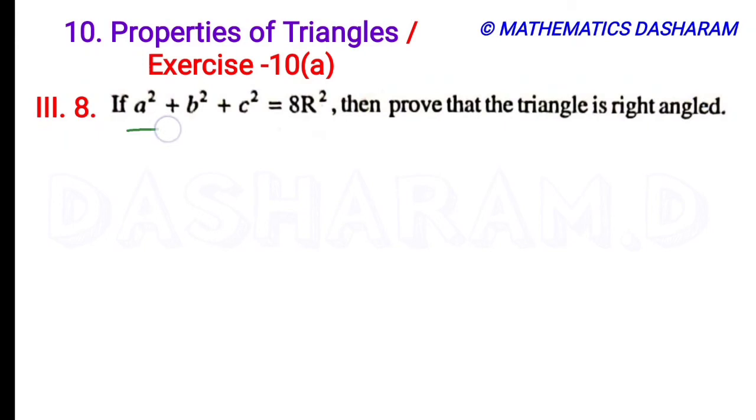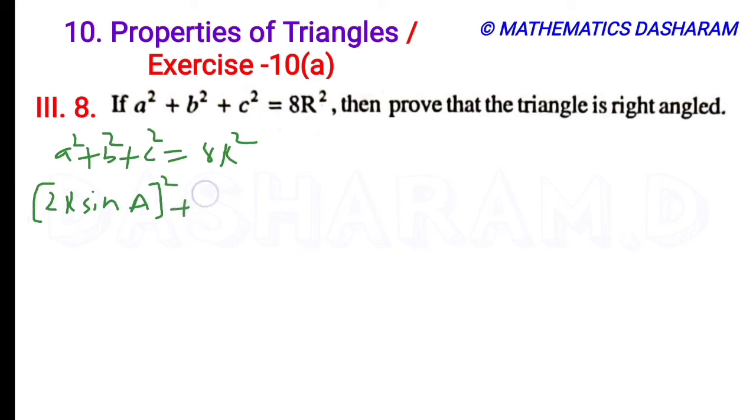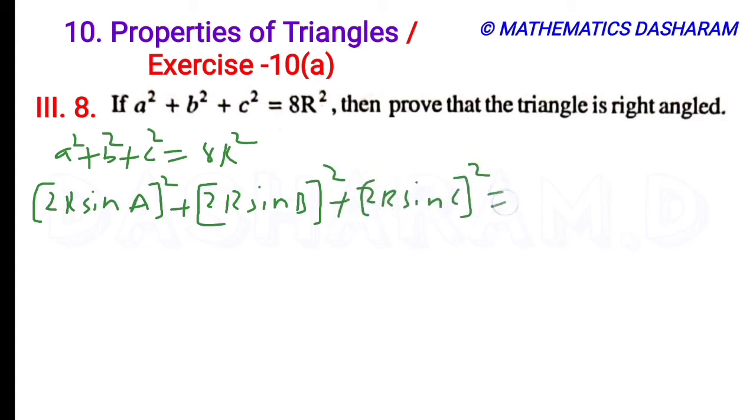Eighth question: if a square plus b square plus c square equals 8 into r square, then prove that the triangle is right angled. So the given value is a square plus b square plus c square equals 8r square. From the sine rule, a value is 2r sine A, and here whole square, plus (2r sine B) whole square, plus (2r sine C) whole square, equals 8r square.